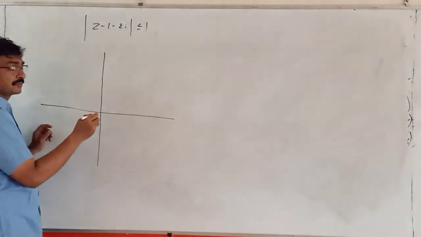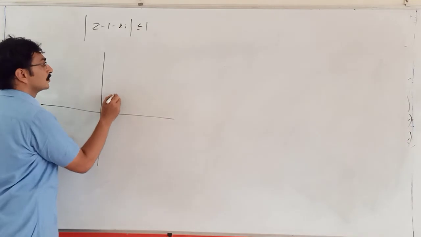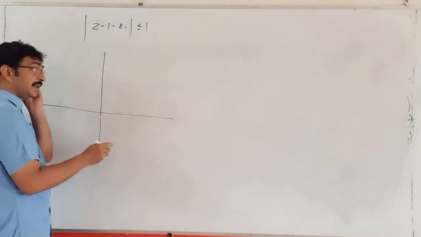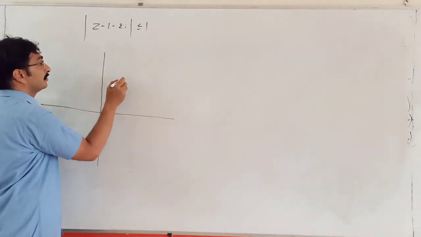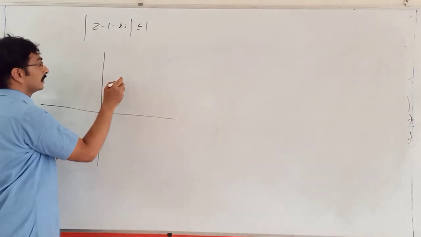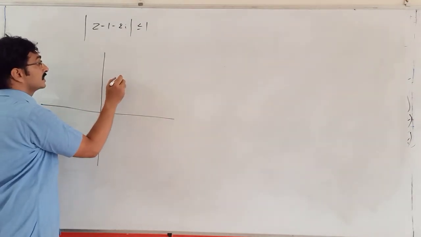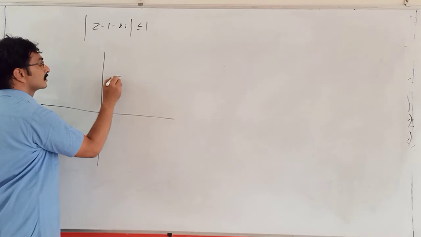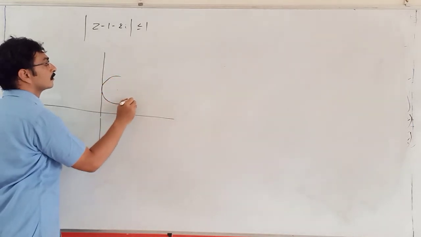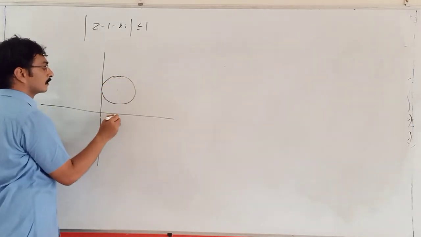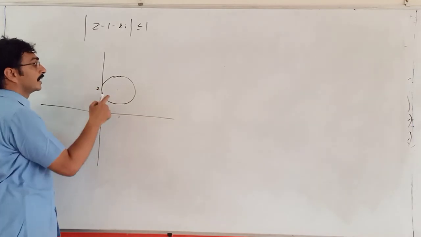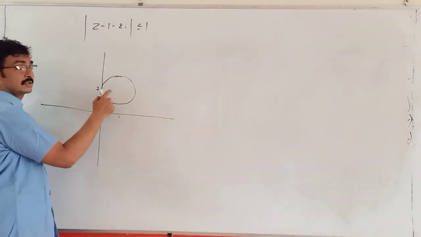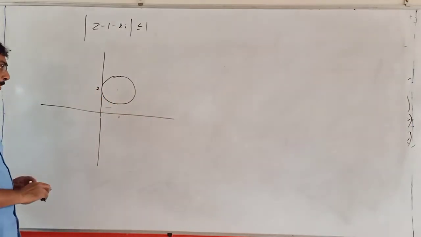Center of the circle is 1 comma 2: 1 unit, 2 units. Radius is 1, which means the circle touches the y-axis.